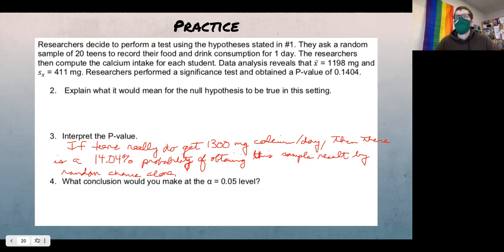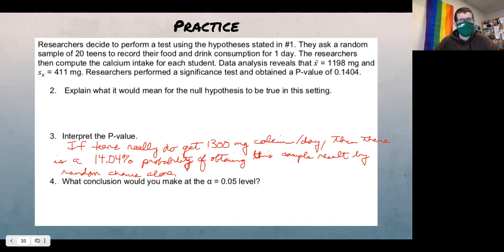So to phrase this a little differently, this is kind of a very straightforward way of saying it. But let's pretend that on average, teens really do get 1,300. And this sample of 20, which is not a huge sample, we just happen to get people who get less than that every day, right? And I picked people who had like 1,000 milligrams of calcium this particular day, maybe 800, and someone had 1,700, but it all averages out to basically 1,200.